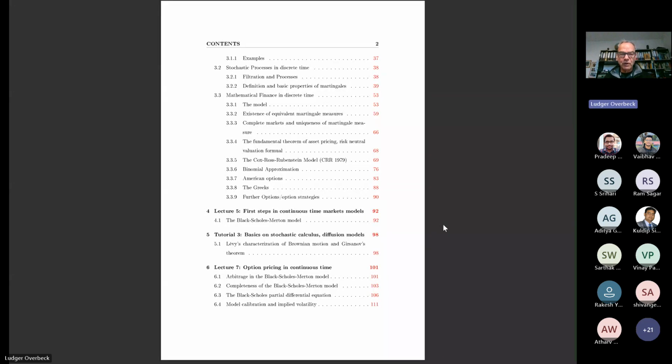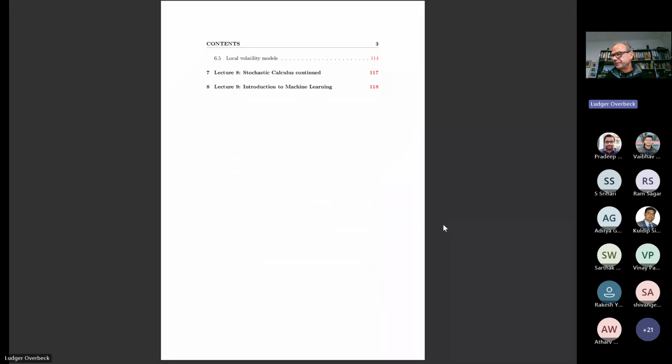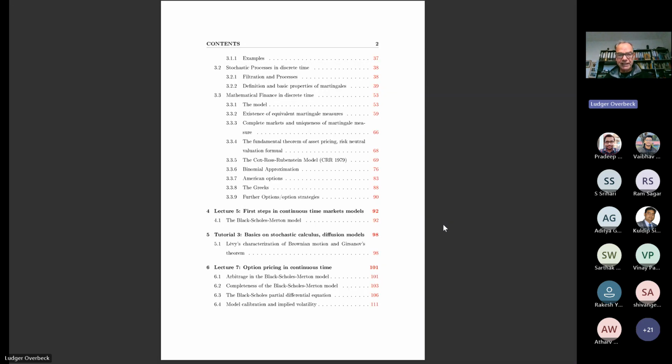Because the Black-Scholes formula is based on a continuous time model, in lecture 5 we will take our first steps in continuous time market models. Then lecture 7 will be the most central lecture: option pricing in continuous time. We then have stochastic calculus, which is all the parts we need for lecture 7.